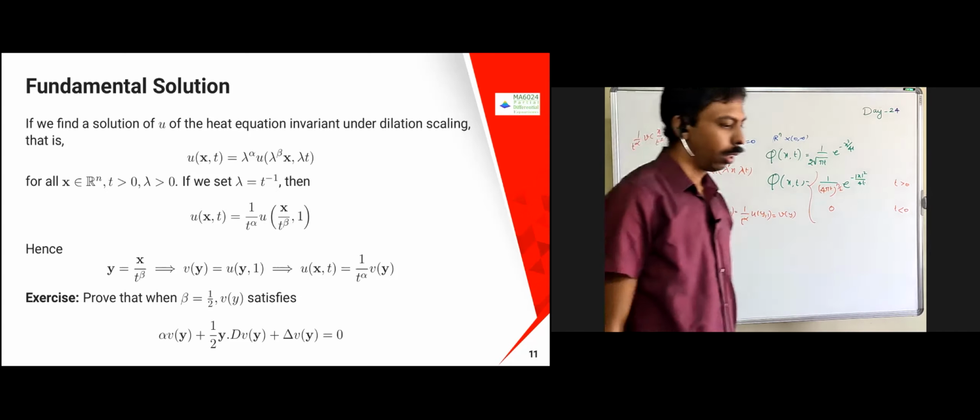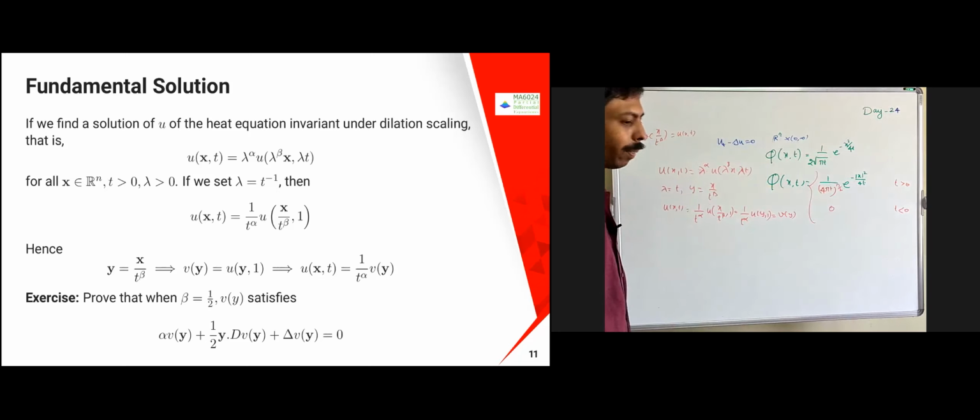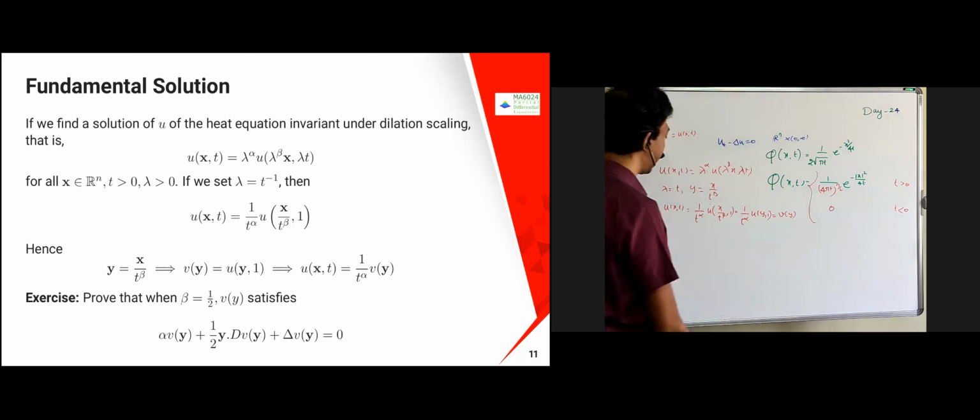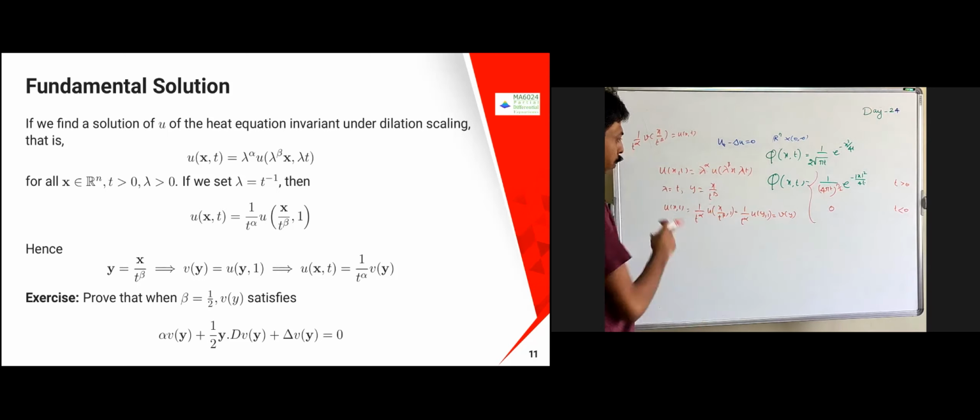So next, what you need to prove is that when beta equal to 1 by 2, which we already claimed, if I use this substitution, that is going to satisfy the equation.